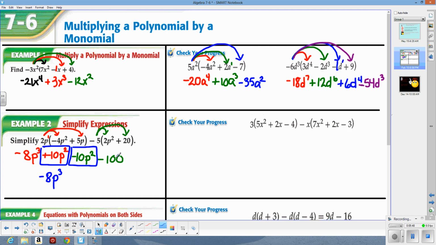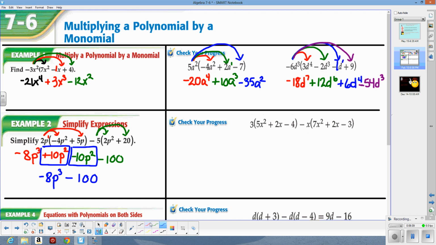And if you take positive 10p squared and add to it a negative 10p squared, that's going to end up being 0p squared, so it will disappear. And then we also have a minus 100. So negative 8p to the third minus 100 is the simplified expression.